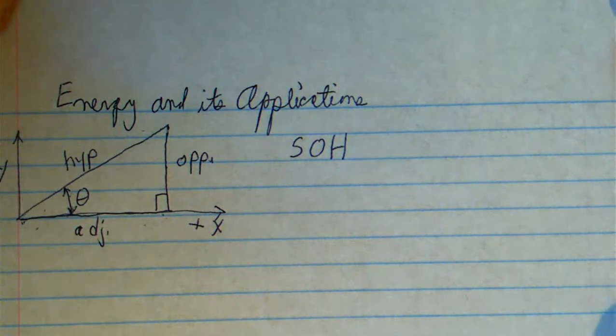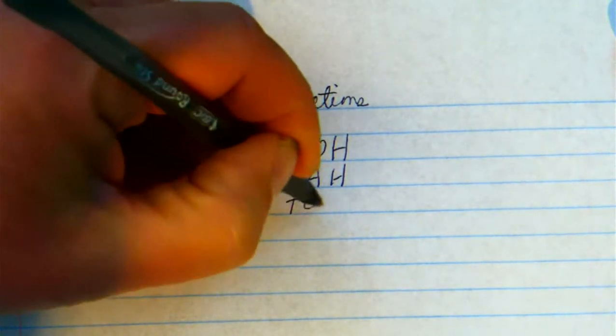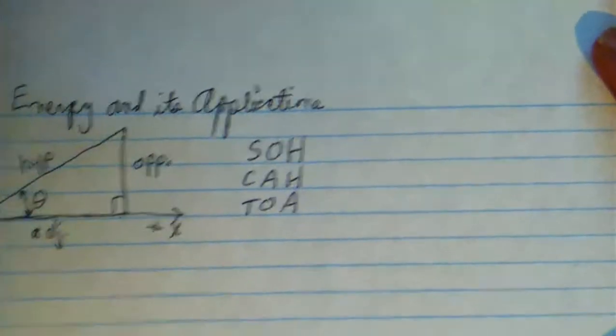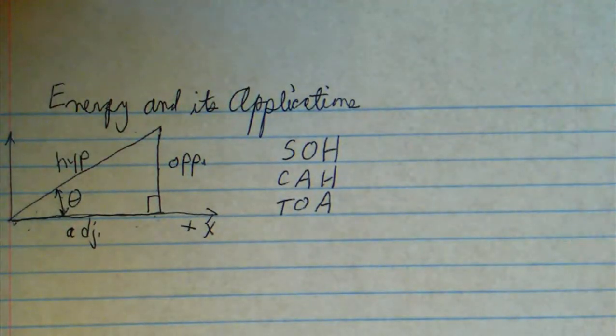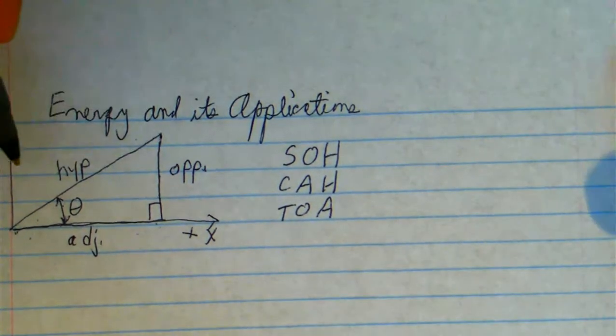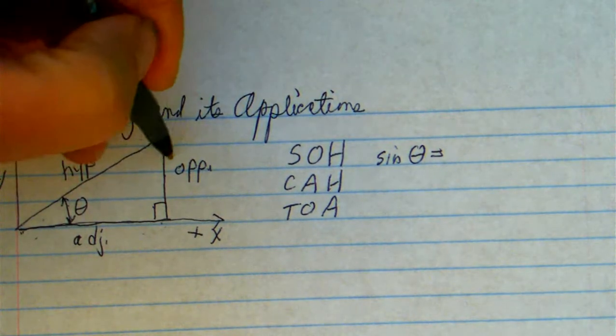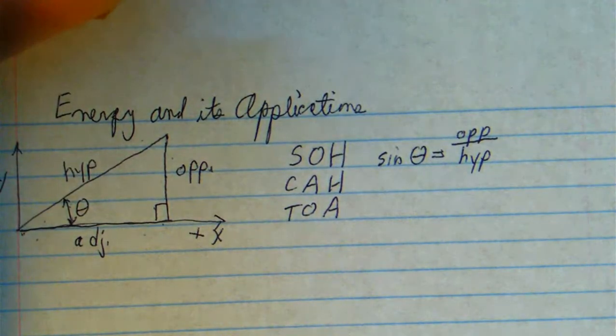And the part that you've memorized and that you love from math class is SOHCAHTOA. A reminder, SOHCAHTOA is talking about the ratios of trigonometric relationships between the three sides of any right triangle. It says the sine of any angle is the ratio of the opposite side divided by the hypotenuse.